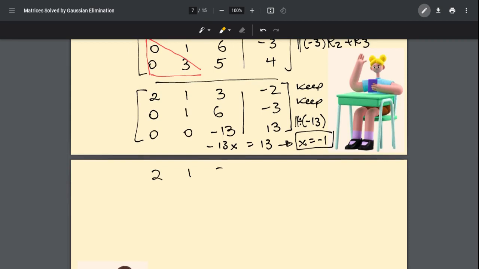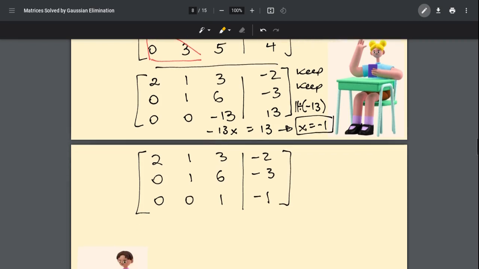So the fully reduced echelon form, well, at least with the diagonal of 1, is coming up, we're going to get there. Okay, 0, 0, 1, -1. Okay, so I already have my x.